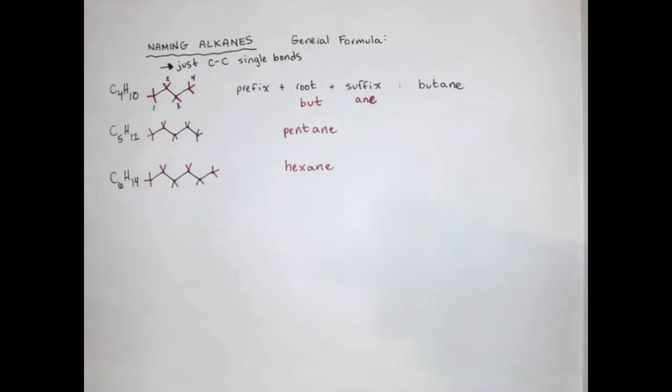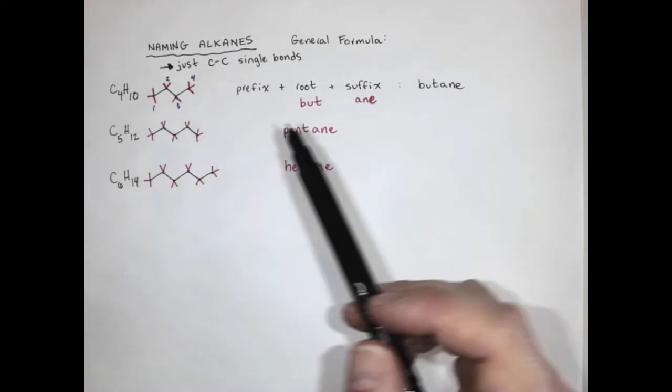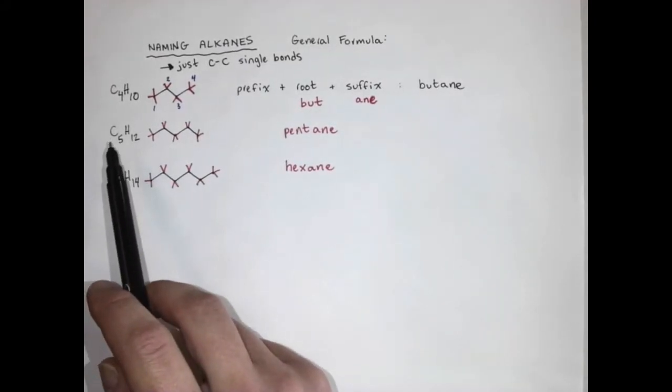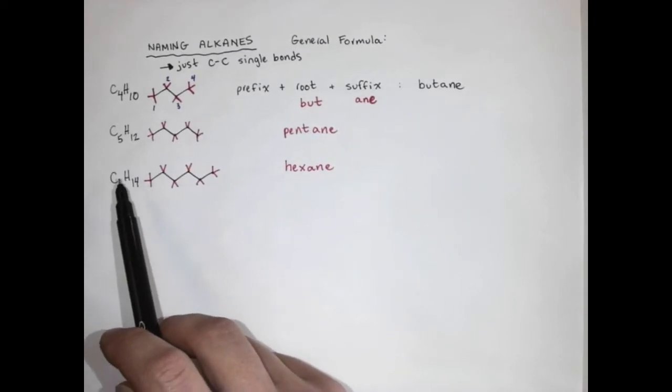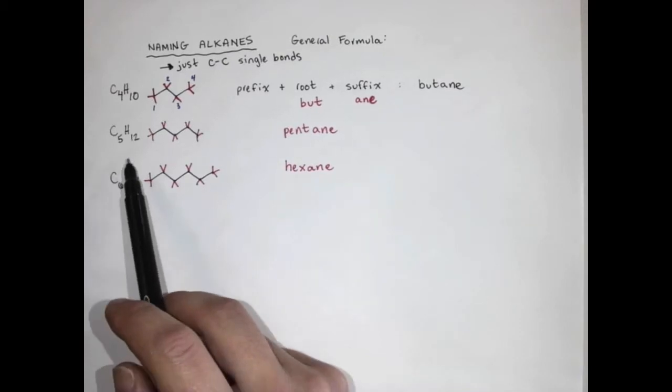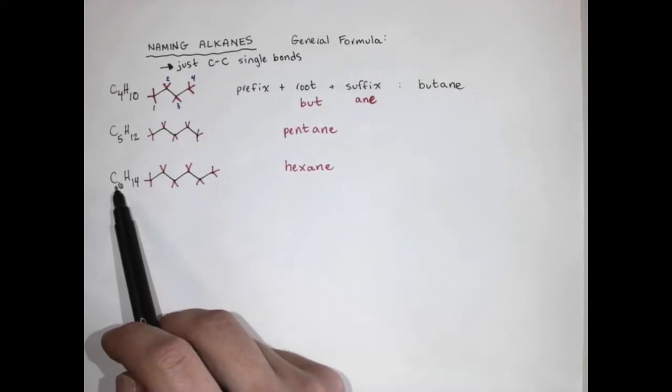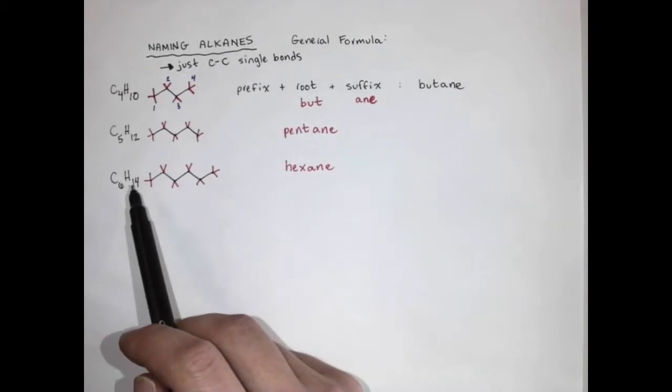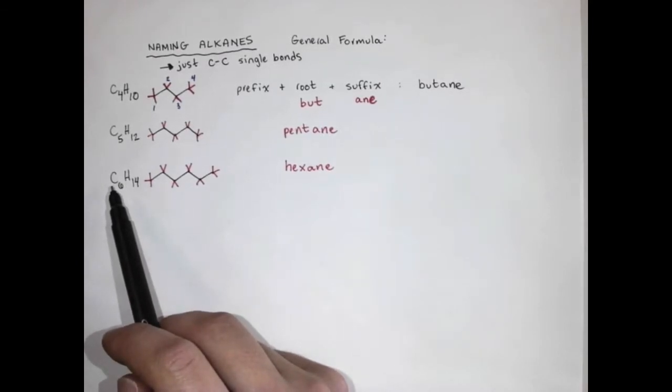All right, so there's 3 alkanes, butane, pentane, and hexane. They've all got carbon-carbon backbones with a changing number of hydrogens. But if you look closely, there's a pattern to how many hydrogens there are in an alkane dependent on the number of carbons.